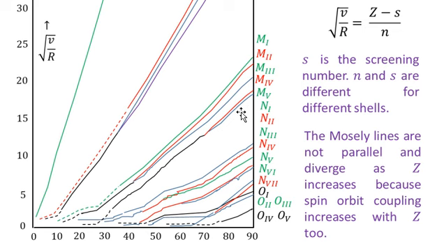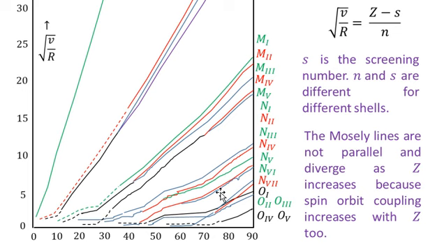And you see that for large values of Z, for example at 90, these lines are well separated from each other, and you may consider these as the edges of the series also: M1 edge, M2 edge, M3 edge, M4 edge, and M5 edge. These have been shown in different colors and marked with different colors so that you can identify them.